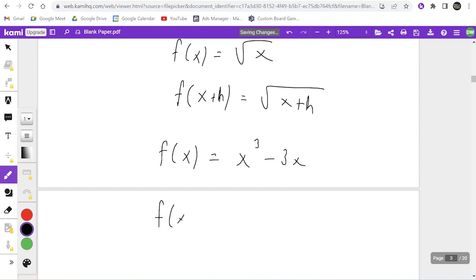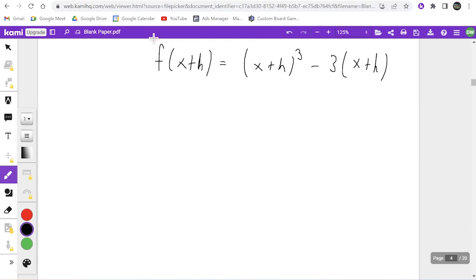Well then I would say f of x plus h, this is a tough one, equals the quantity x plus h cubed minus 3 times x plus h. Notice, every time you see an x, I am replacing it with an x plus h in parentheses. Does it have to be in parentheses? Most of the time, yes it does.